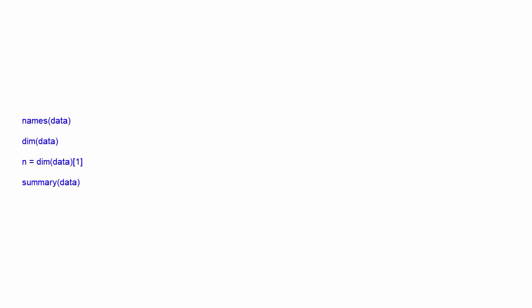I then commented out this line, as I do not need the data to be reread into the environment. I then started the process of analysis, verifying the data's headings, the dimensions of the data, declaring the sample size, and printing out a summary of the data for the data description.